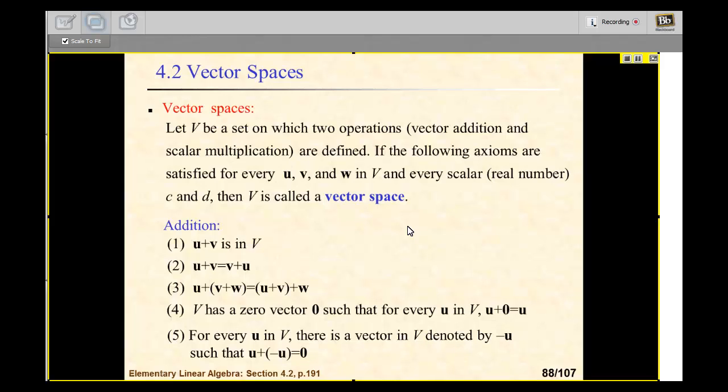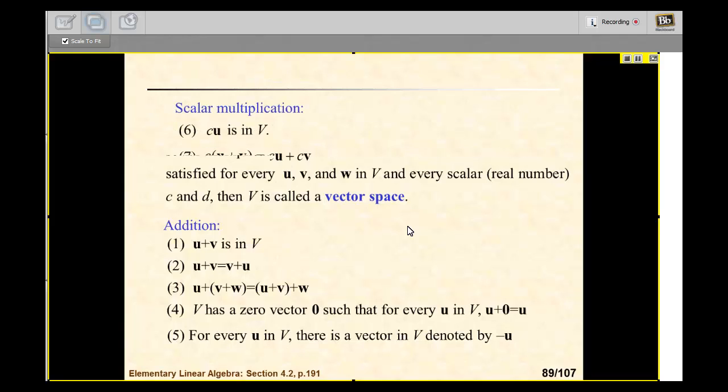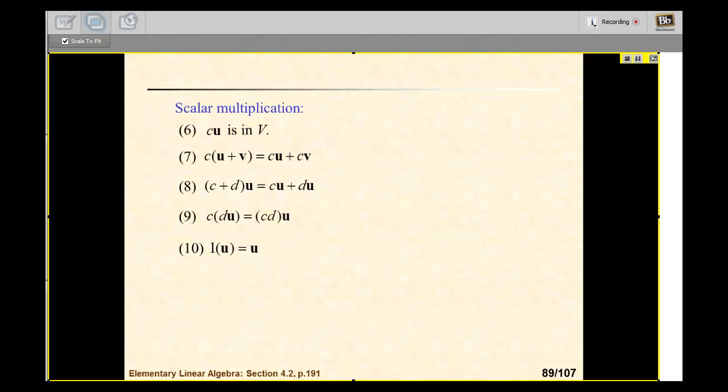Similarly, we have 5 properties for the scalar multiplication, which include the distributive laws, left and right. And again, if we have 2 scalars, C plus D, multiplied with a vector, these 10 properties we have to follow.